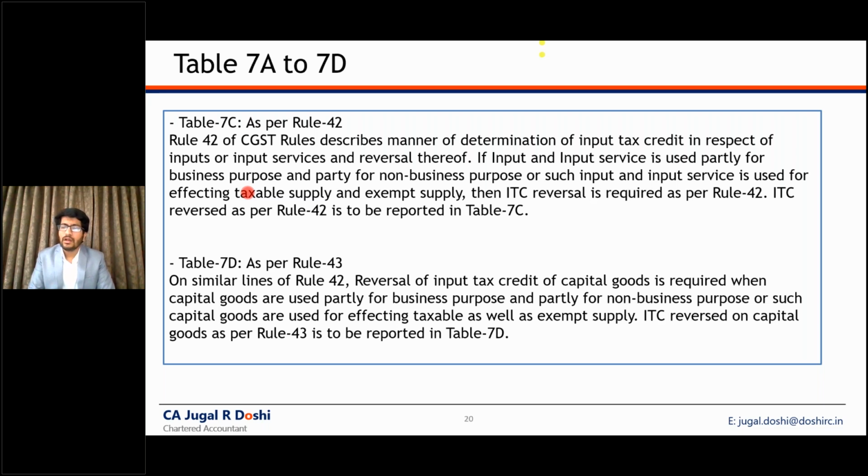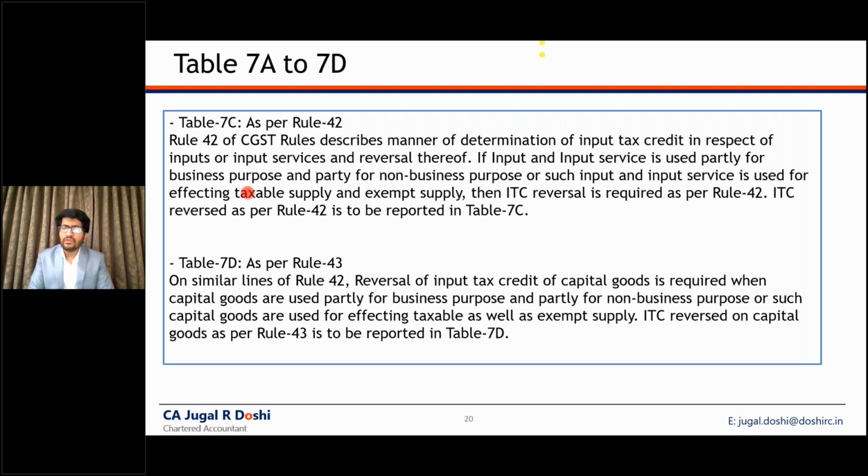But all the supplies which are used for both taxable as well as tax-free or exempt supplies, for example, audit fees. In such cases, Rule 42 specifies proportionate set-off in the proportion of turnover.